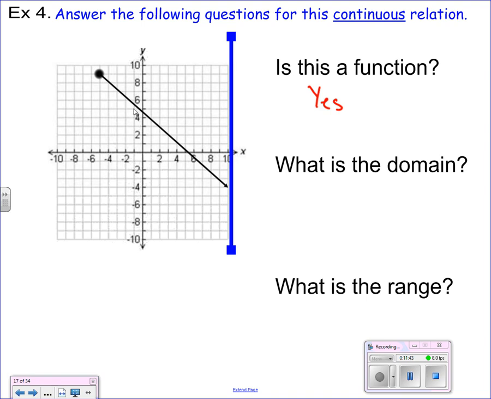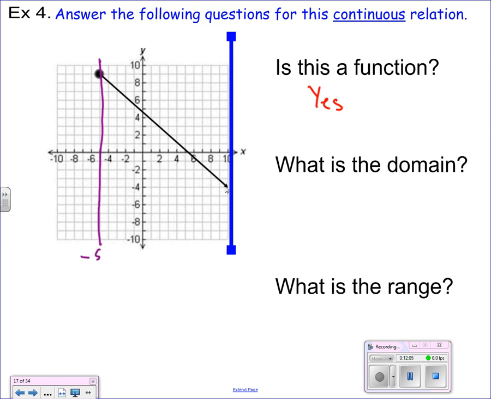So how far left does the graph go? The leftmost spot is negative 5, and there's an endpoint. So draw a wall and label it negative 5.